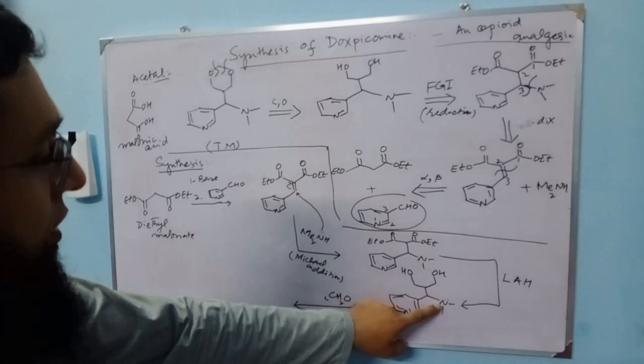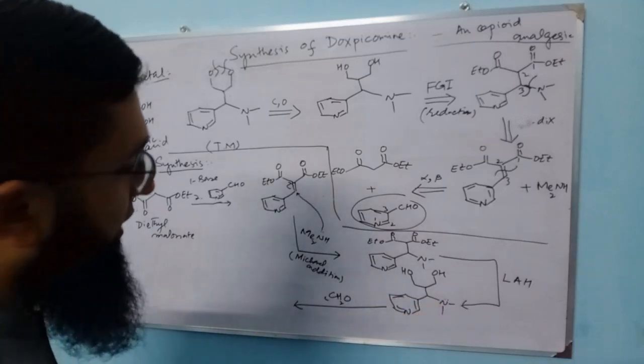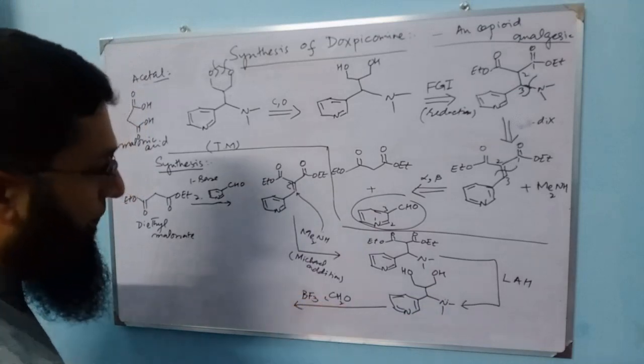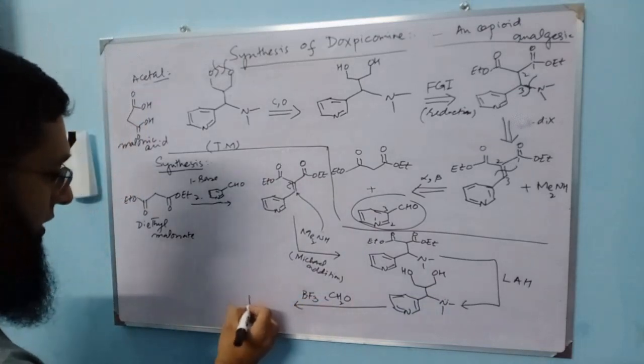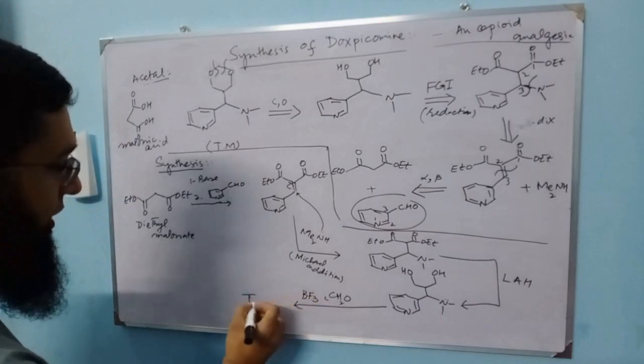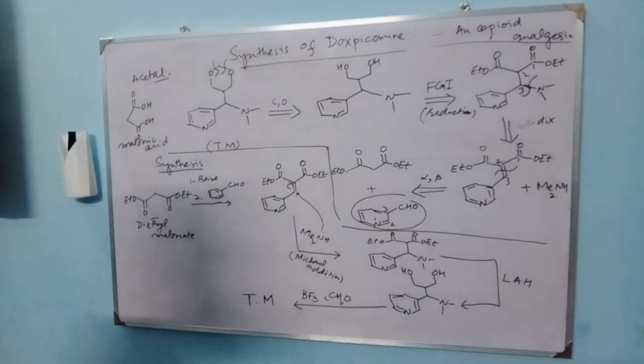Therefore, in order to avoid protonation of this functionality, we can use a Lewis acid, for example BF3. As a result, with formaldehyde in the presence of BF3 as Lewis acid, we can get the target molecule.